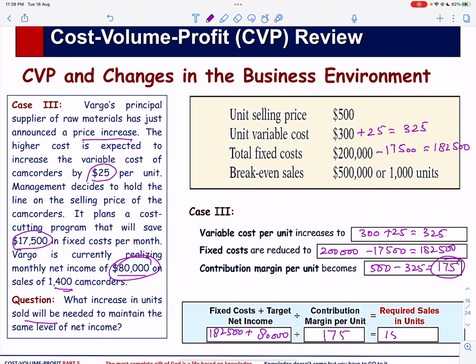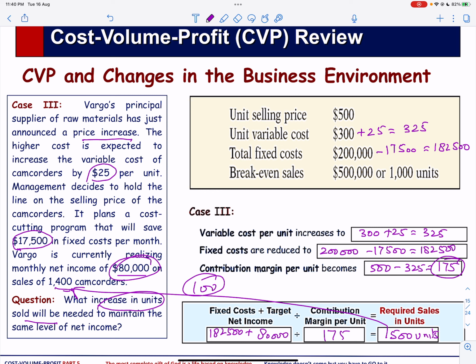So we need a sale of 1500 units to maintain the same level of net income. So increase in units, we have to increase 1500 minus 1400, we have to increase our sales by 100 units in this case.